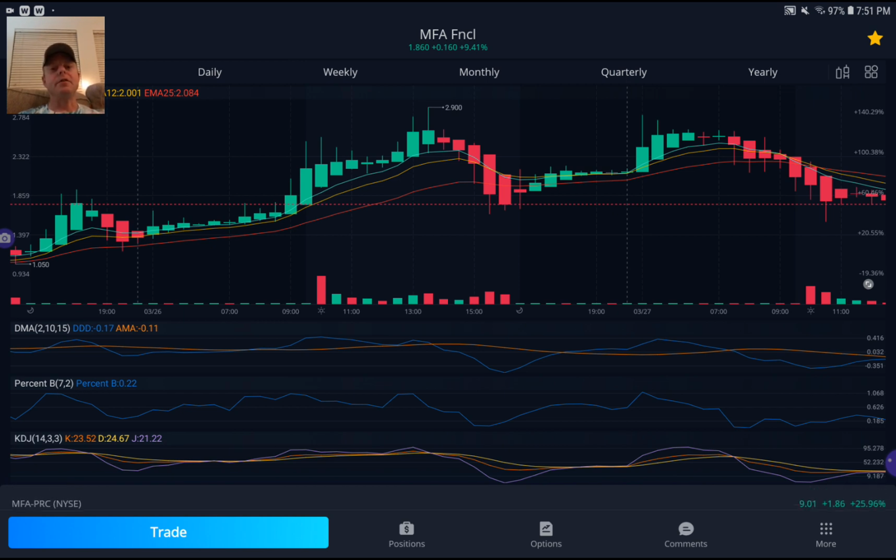Now you have your K number, your D number, and your J number. I really won't go super in depth over what those individually mean. I'm just going to show you really quickly for tomorrow. I know a lot of you guys are looking. Pay special attention to the yellow line and the percent D number. Okay, this is extremely important.